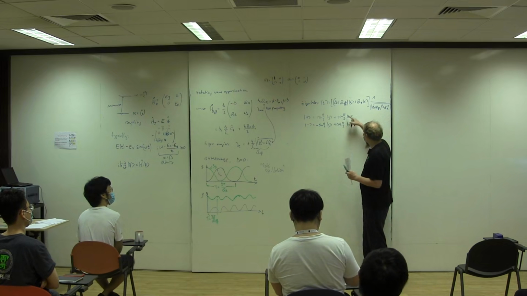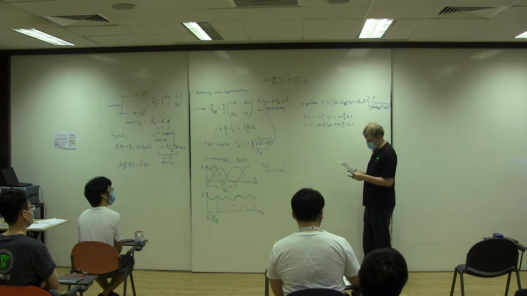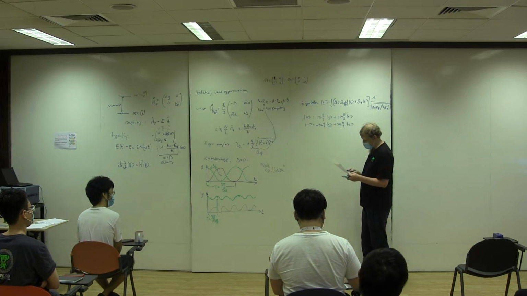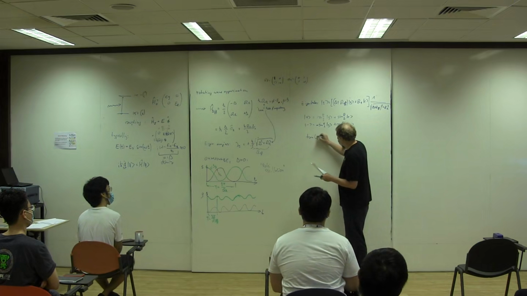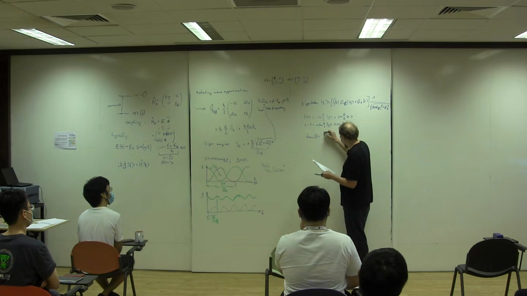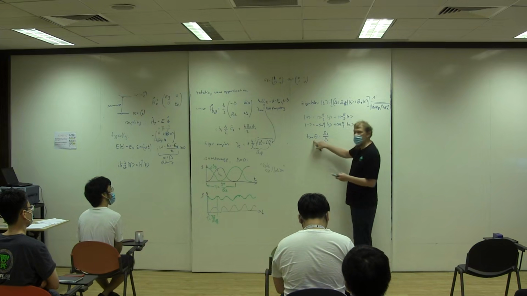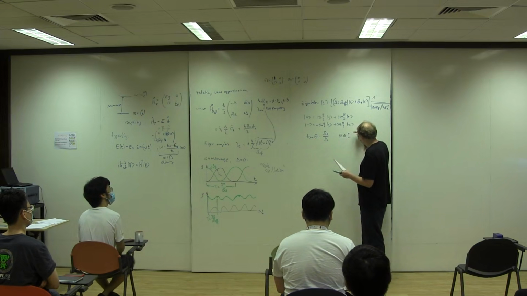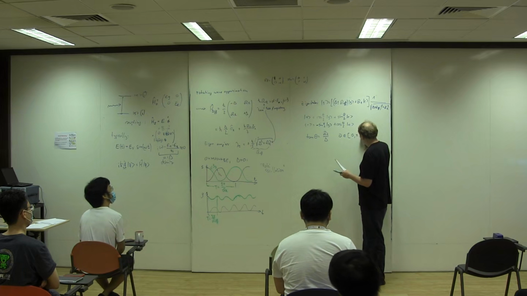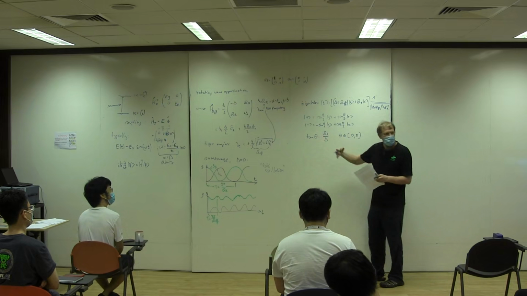In this driven two-level system scenario, this thing has a name: the relationship is tangent theta equals omega Rabi over delta. You have to choose a way of defining theta, so this theta should be in the interval of 0 to pi, just to make sure you choose the right definition of tangent.